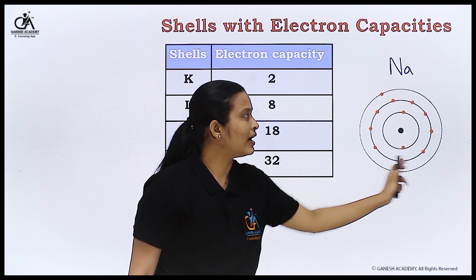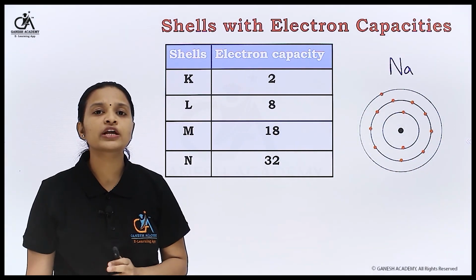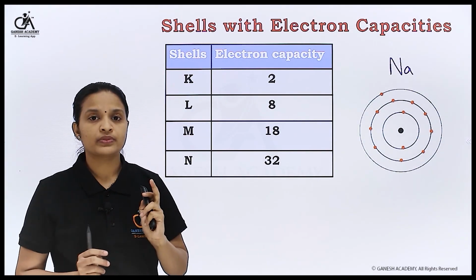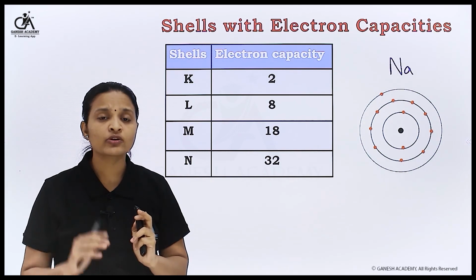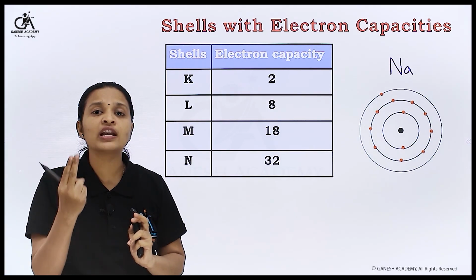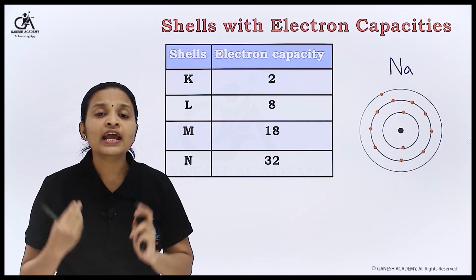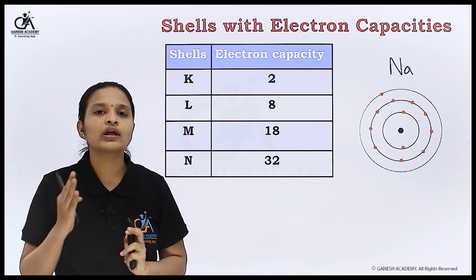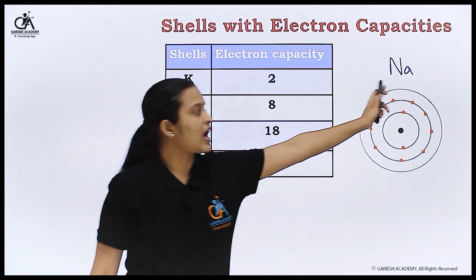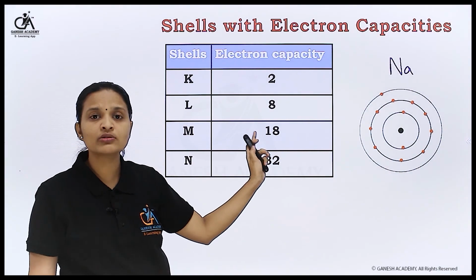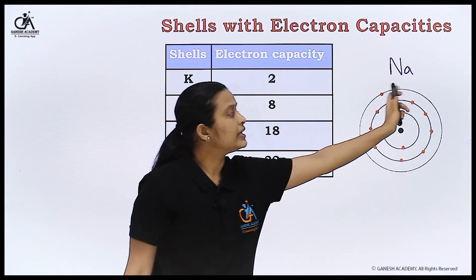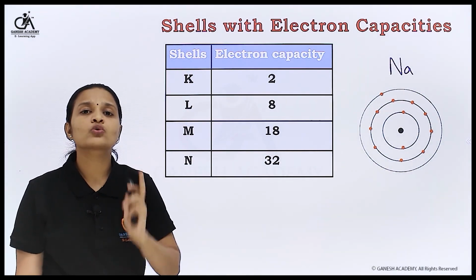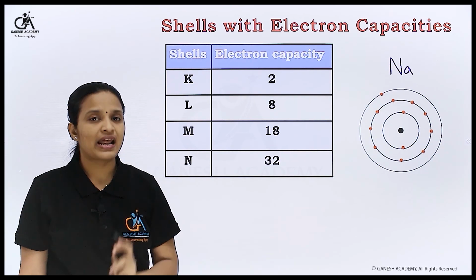Here I have shown 1 electron in the third shell of sodium because only that much is available. Sodium has 11 electrons in total: first 2 fill the first shell, then 8 fill the second shell, and 1 fills the third shell. So the total is 11. The third shell has a larger capacity of 18, but only 1 electron is present in it because sodium has only 11 electrons.